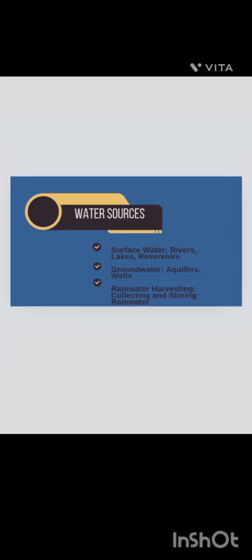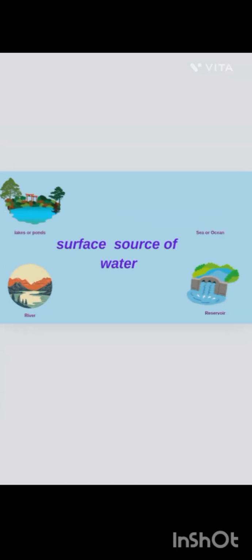Now we can see what are the sources of water. We can classify the water sources mainly into three. The first one is surface water, the second one is groundwater, and the third one is the collection of rainwater, also known as rainwater harvesting. The surface sources of water include lakes or ponds, sea or ocean, rivers and reservoirs.